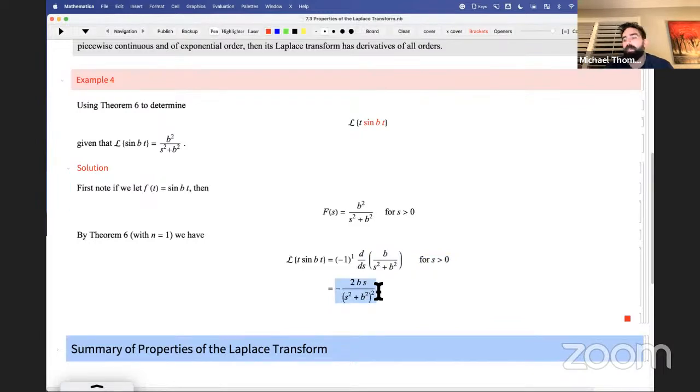Now, we've been doing a bunch of these so far. Have you noticed that all of the transforms we're getting are polynomials in s over polynomials in s? The b's are constants, right? We know what the b's are. But if you look at every single one, they're all polynomials in s over polynomials in s.